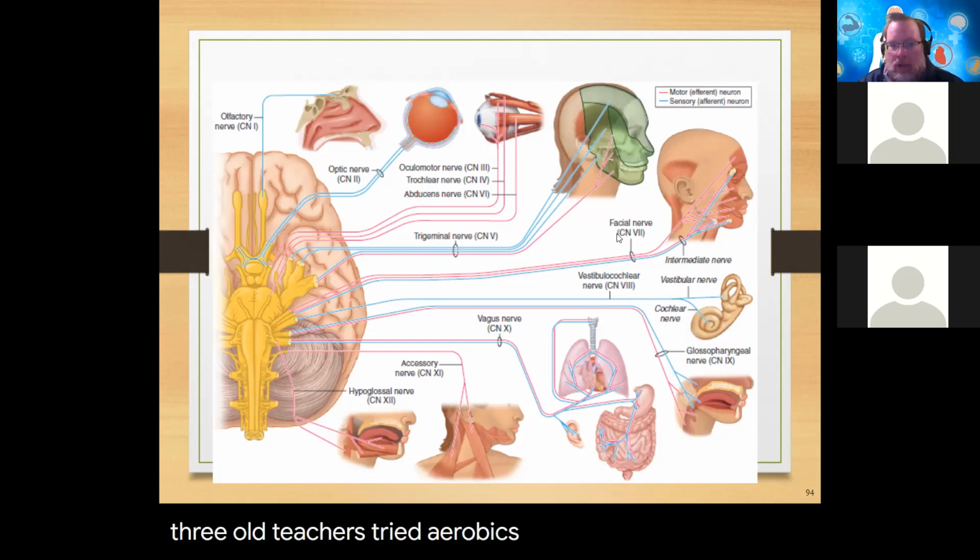And then number 7 for facial, F, for very good vibrations around their heart. Okay, so 3 old teachers tried aerobics for very good vibrations around the heart. So the first letters of all, that's a lot, right? That's a mouthful. So then anyway, trigeminal. So we'll come back to that in just a second.